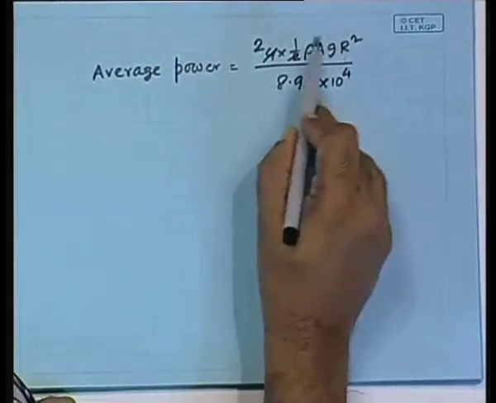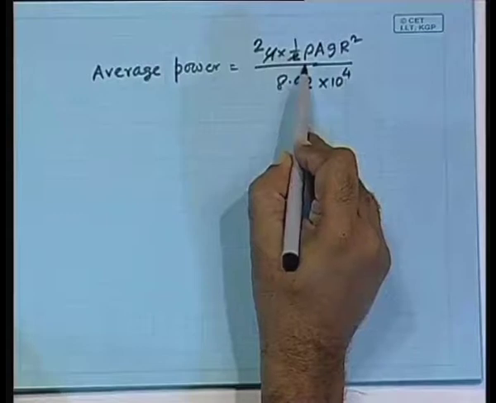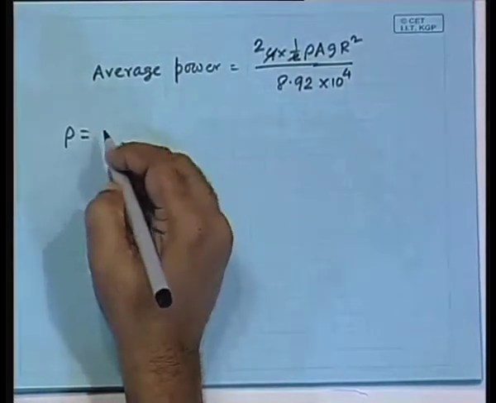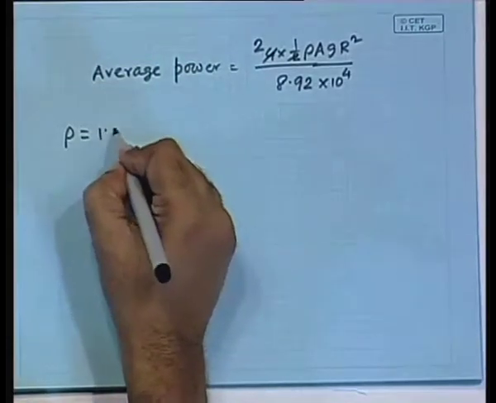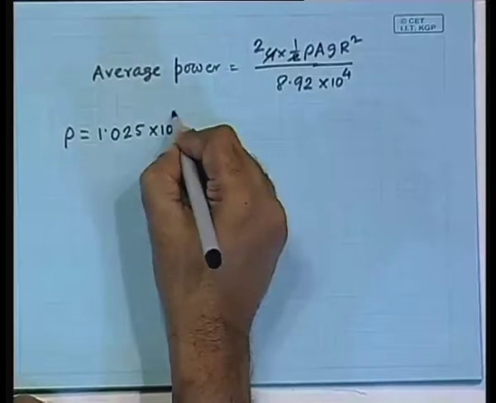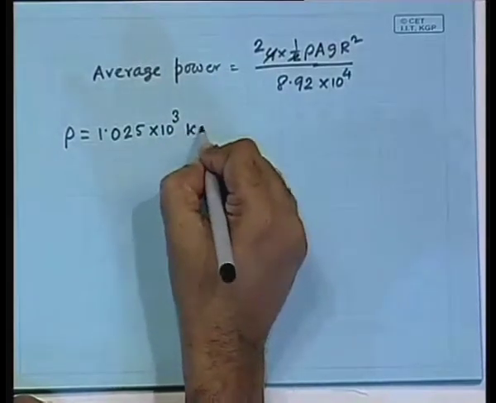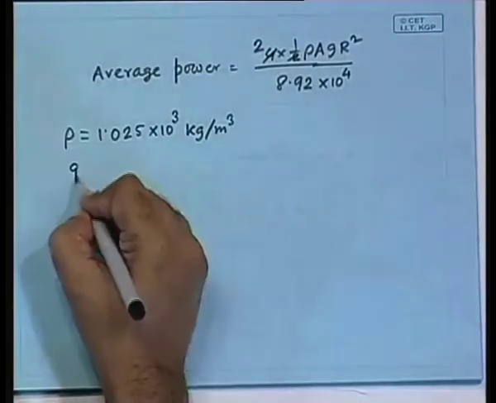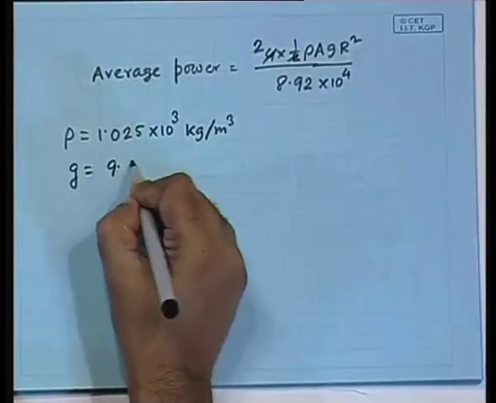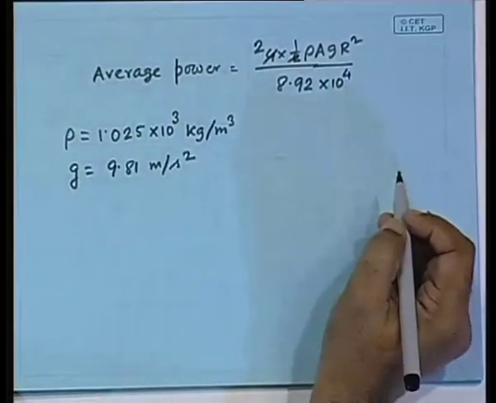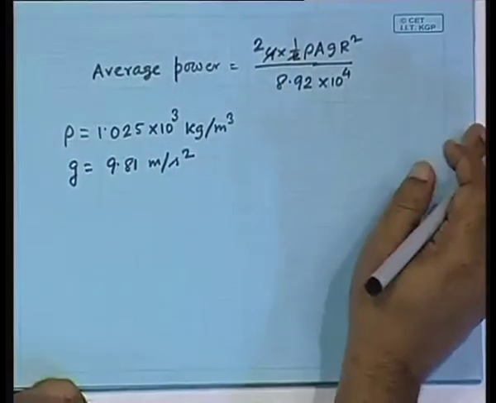Now, we have to substitute these values in order to estimate the numbers. Rho is approximately 1.025 into 10 to the power 3 kg per meter cube. G is, you know, these are known.